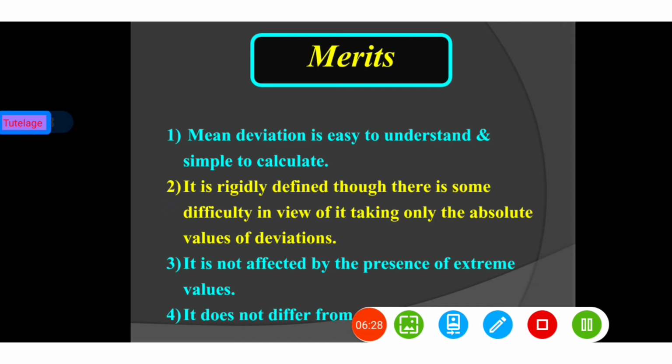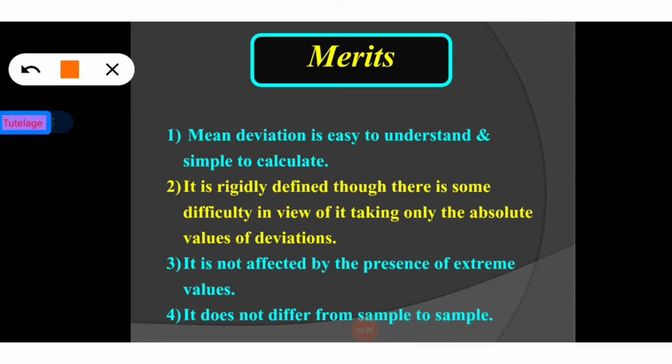Okay, so for this session we have to discuss the advantages and disadvantages of the mean deviation. So at first we have to say mean deviation is very easy to understand and simple to calculate.